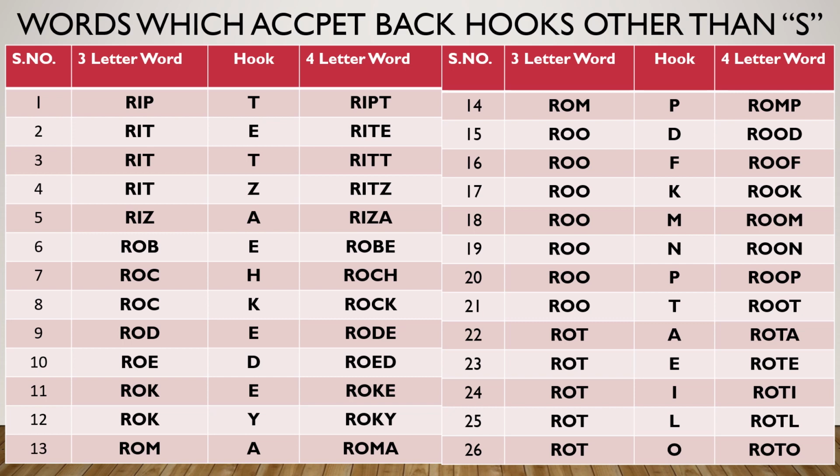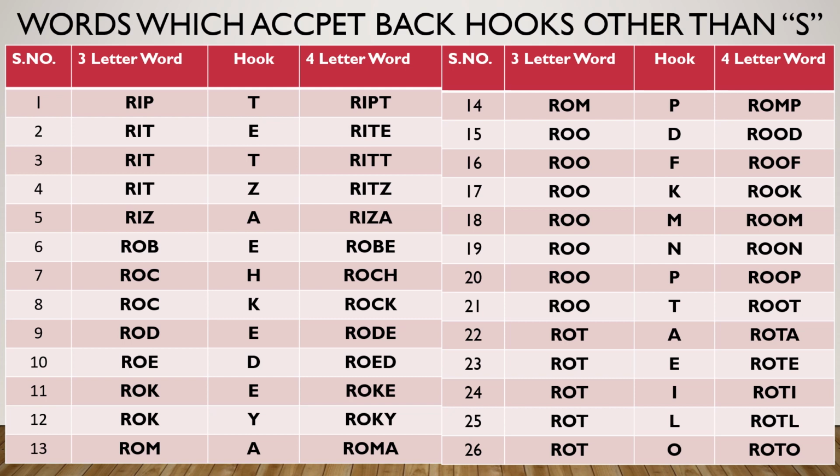ROC accepts H and K, making ROCH and ROCK. ROD accepts E, making RODE, and ROE makes ROED with D. ROK accepts E and Y, making ROKE and ROKY.